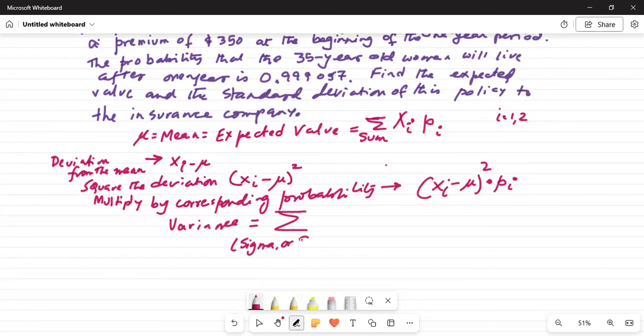Sigma is Greek capital S. Sum of all the squares of the deviation times the corresponding probability. This is the deviation, this is deviation squared times the corresponding probability, and you are adding them up. This gives you the variance, the square of the standard deviation. And what is standard deviation then? Standard deviation is the square root of variance.